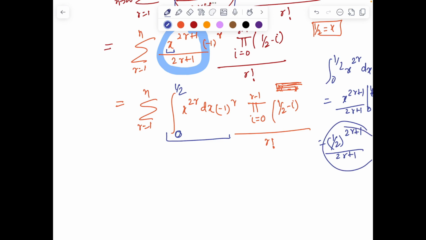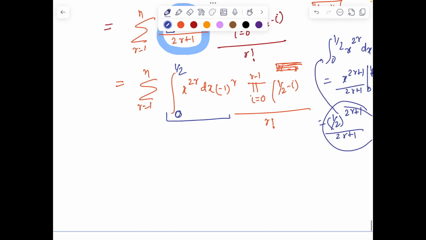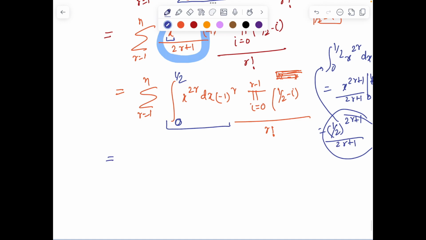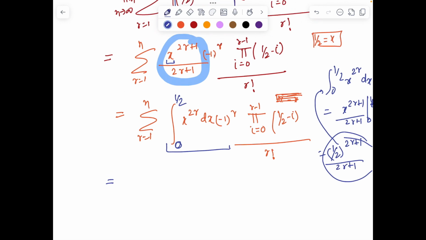So very interestingly, half to the power 2r plus 1 by 2r plus 1 can be written as the integral from 0 to half of x to the power 2r dx. So hence this entire expression can be cast as a definite integration, right?